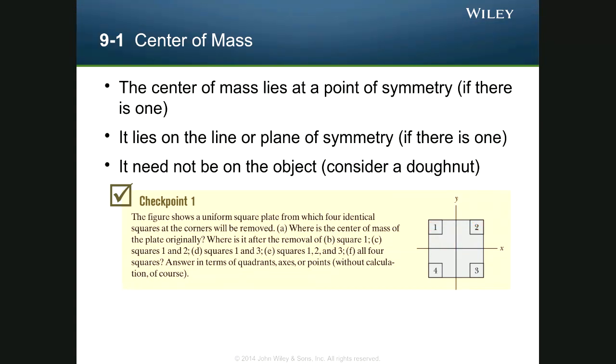So for D, we're going to remove squares 1 and 3. So for D, we're going to get rid of square 1 and square 3. Now when we do that, we have to look at our axis of symmetry line.